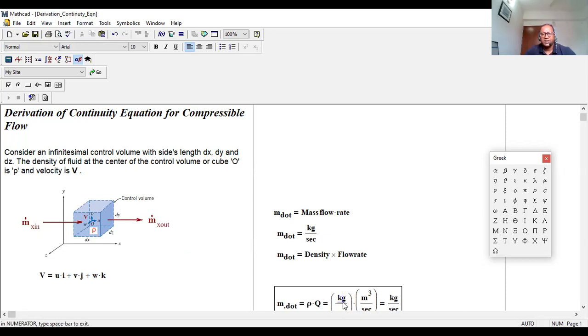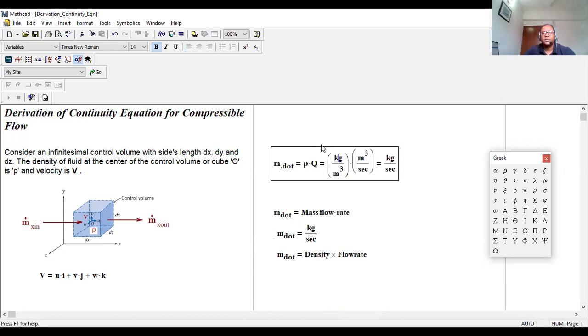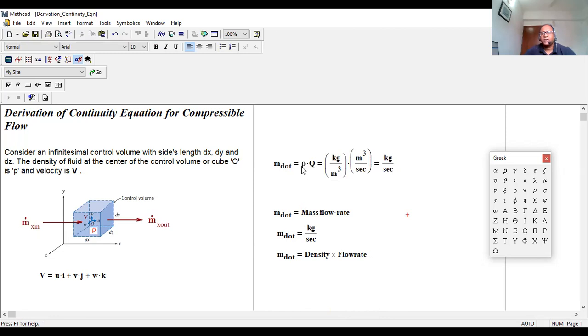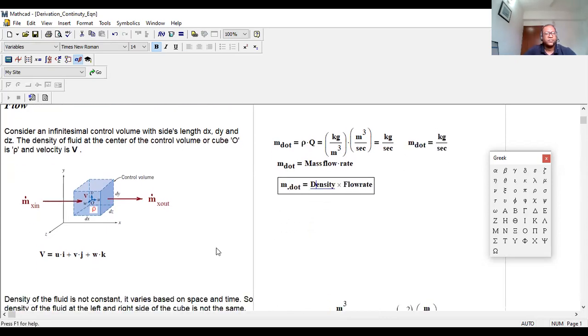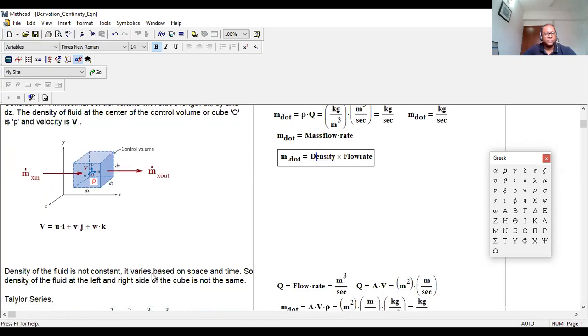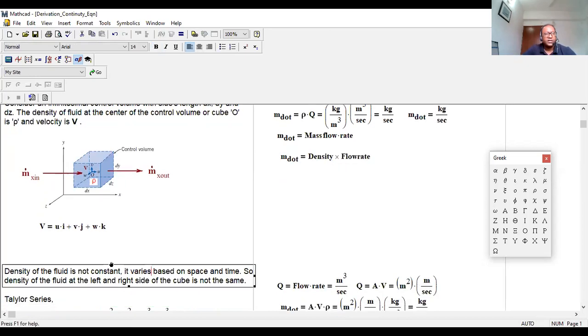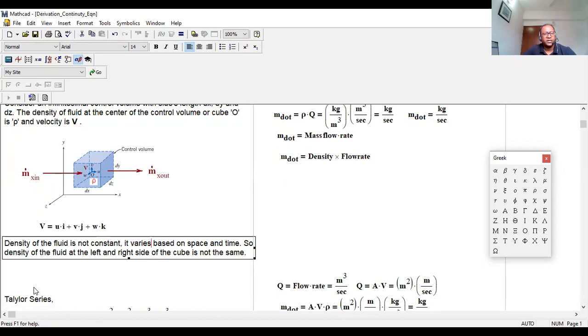Here I show that if you multiply Q by rho, you get m dot, shown with units. m dot is called the mass flow rate, with unit kg per second. Now, the density of the fluid is not constant.